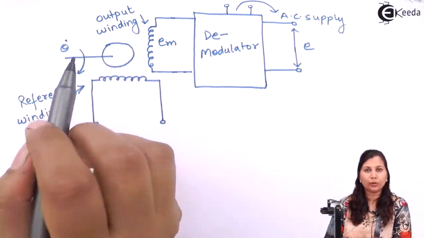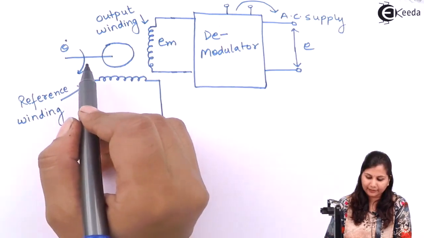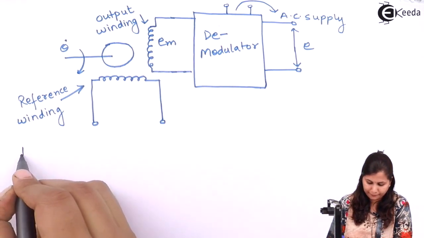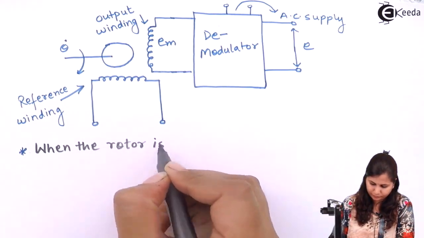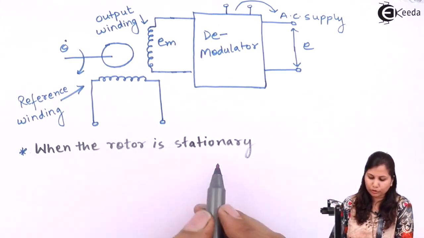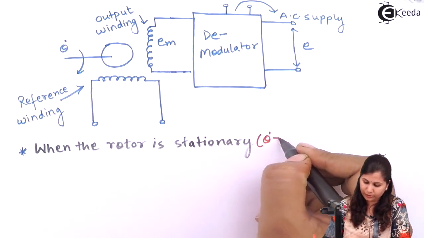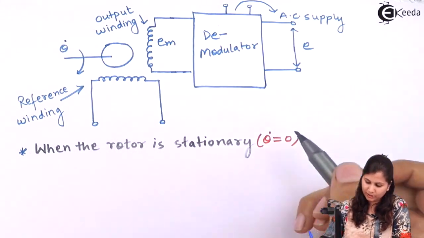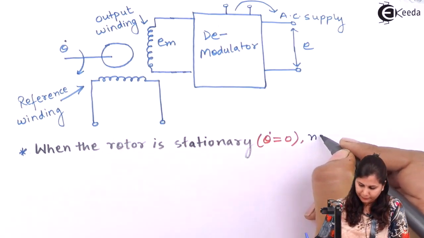So this is the rotor of the tachogenerator, and when this rotor is stationary, then no EMF is induced in this output winding. Rotor is stationary means that the angular speed, that is theta dot, is equal to 0. So when the rotor is stationary, theta dot is 0, so no EMF is induced in the output winding.